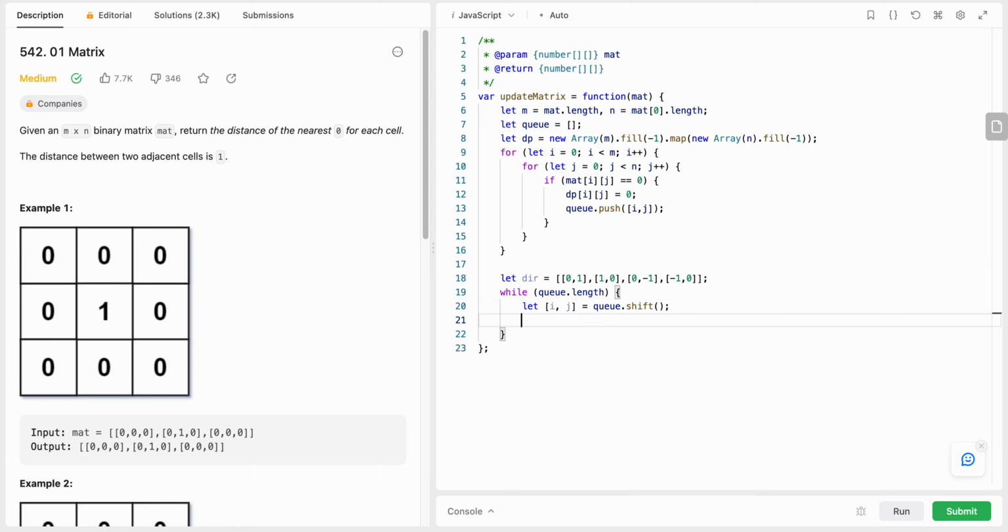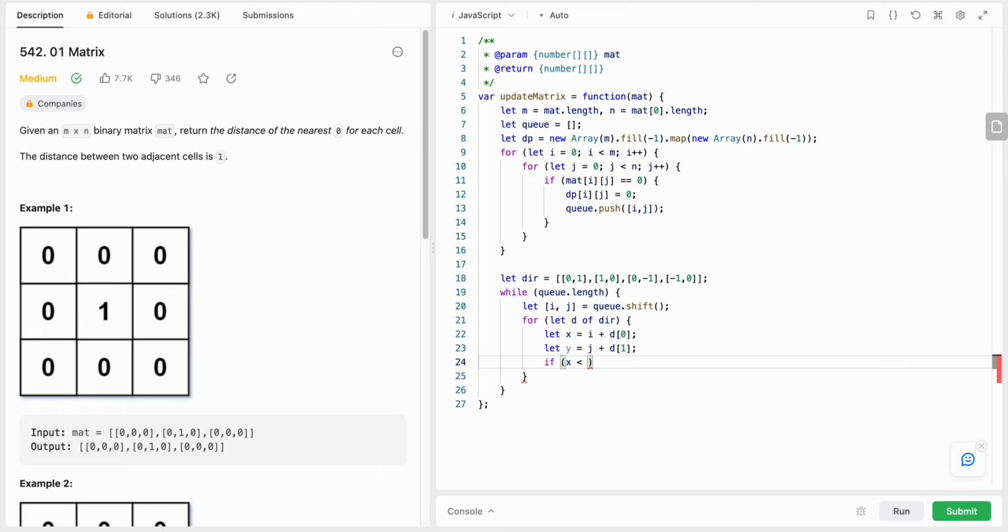Okay, now we are going to iterate over each of the directions. So let x equal i plus d0, and let y equal j plus d1, and we need to check if x and y are valid indices.